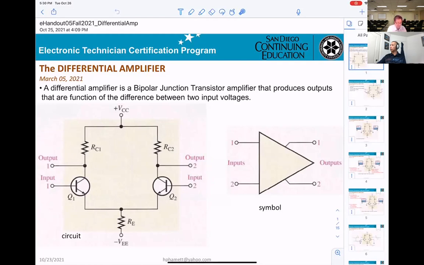Okay, in this circuitry, Q1 and Q2 are bipolar transistors, and they must be identical. RC1, RC2, the collector resistors, must be the same.